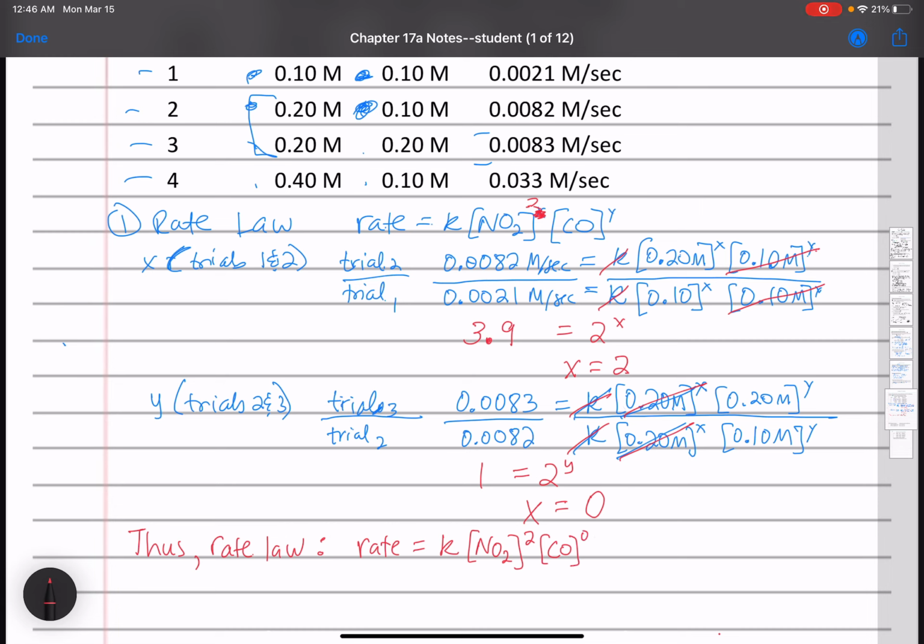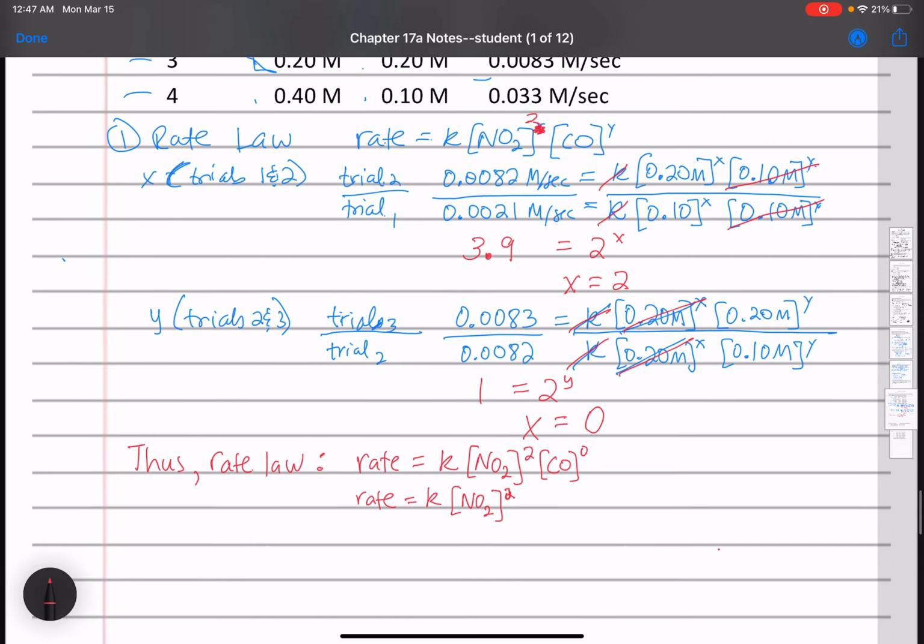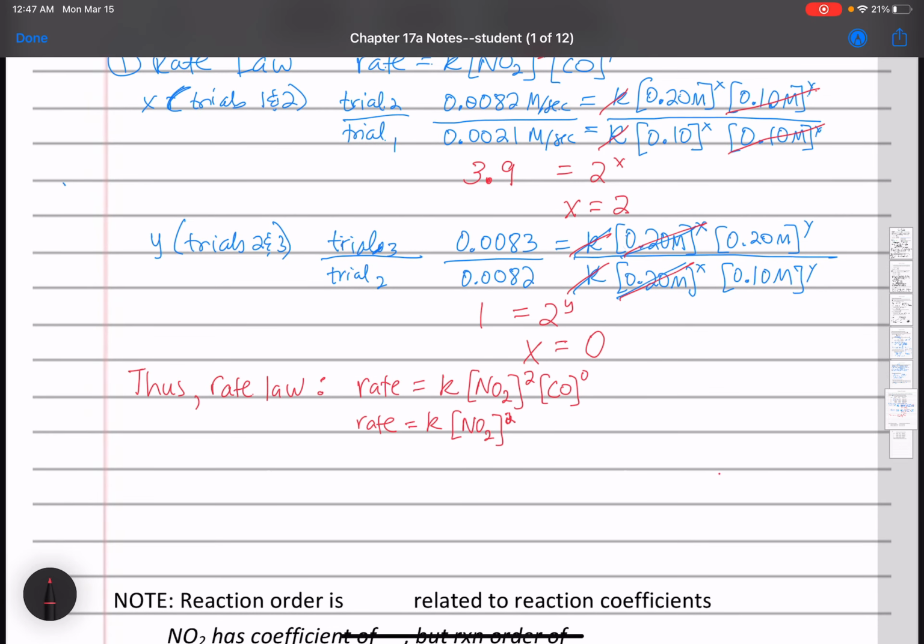Or the other way of writing that, since anything to the 0 power is 1, in other words, the rate law for this reaction is really only dependent on one reactant, on the NO2. So another way to write this, and actually the more correct way, is just leaving that carbon monoxide out of the rate law equation.